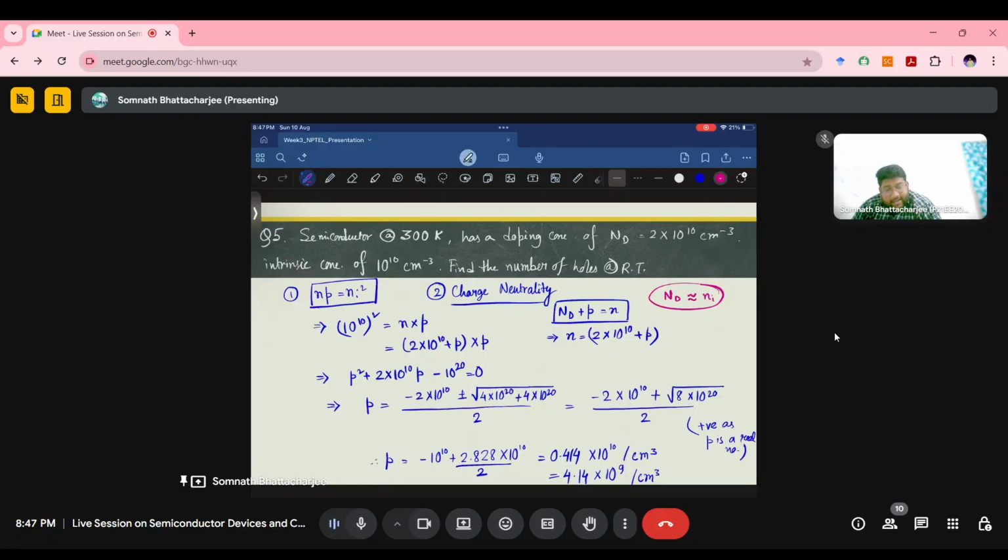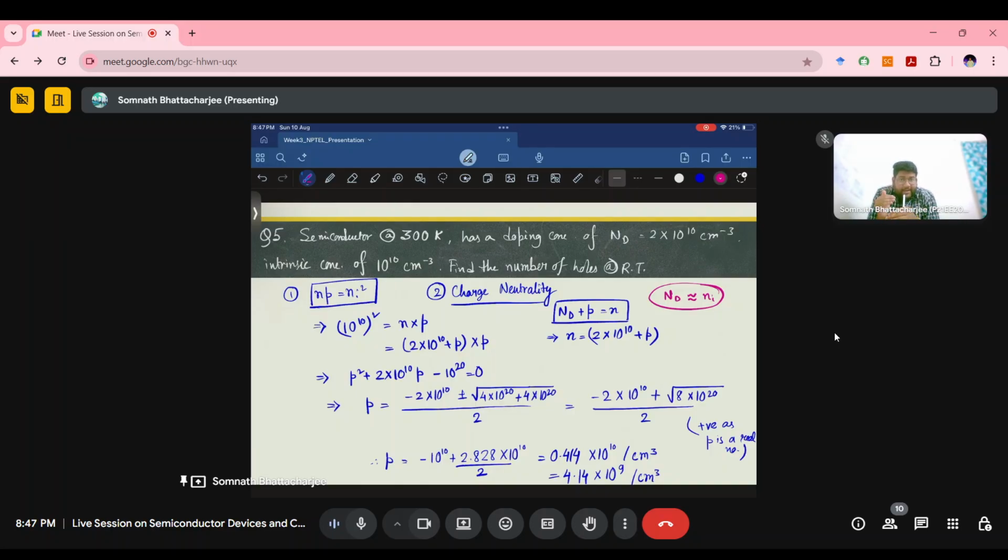It's only two times, so it is obviously greater than the ni value, but it is not much greater than. So we can't neglect the value of ni here. That's why the value looks like this, because it's in the comparable range.